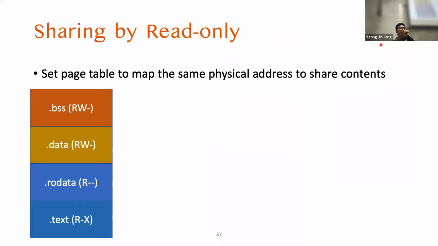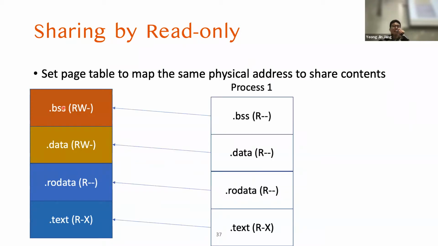How we can do that is that we can share all the pages by regarding them as read-only, and we will handle the writable part later. Suppose we have one copy of this area in the kernel's physical memory, and whenever we run a program, the blocks I left uncolored mean that we are technically creating the virtual memory space for process one, but we map the virtual memory to the physical memory of the single copy in the kernel.